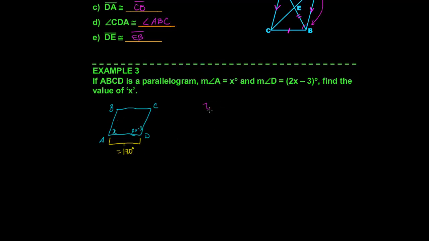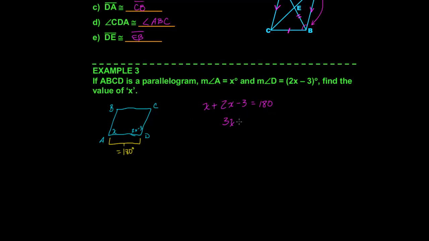So x plus 2x minus 3 equals 180. Alright, so let's combine our like terms. We'll get a 3x. And before I get too carried away, this should be minus 3. So 2x minus 3.